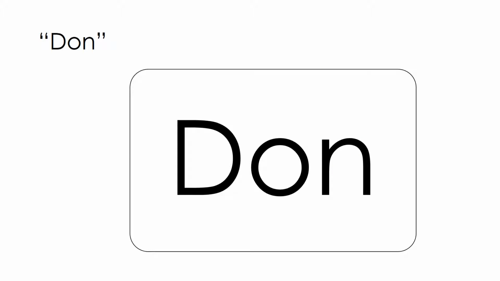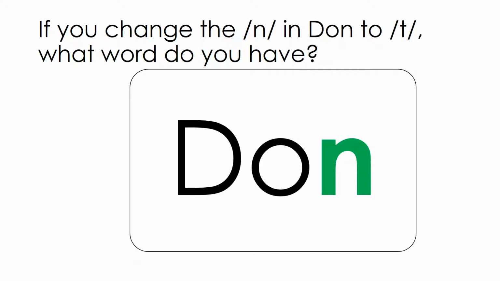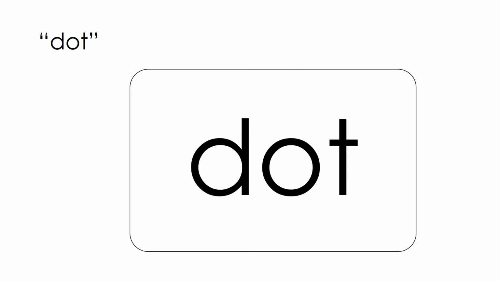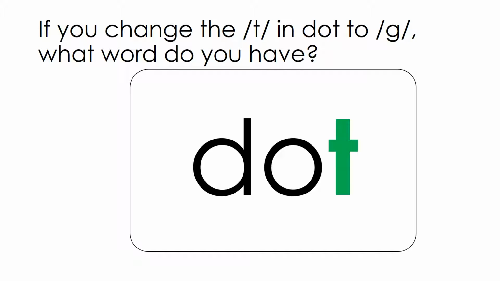Don. If you change the N in don to T, what word do you have? Dot. If you change the T in dot to G, what word do you have? Dog.